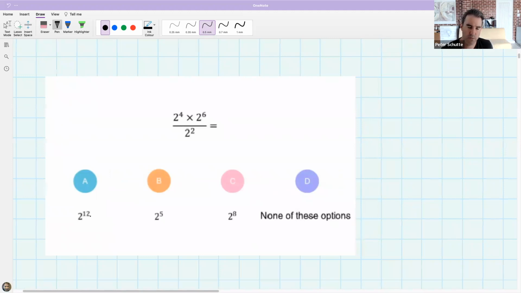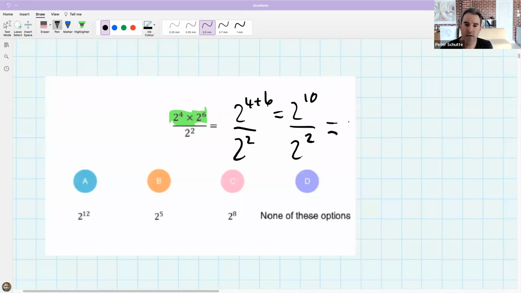So we have 2 to the power of 12, 2 to the power of 5, 2 to the power of 8 as the choices. So law 1, or the additive law, will give me that on the top.